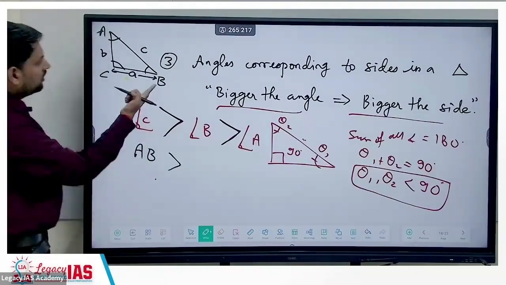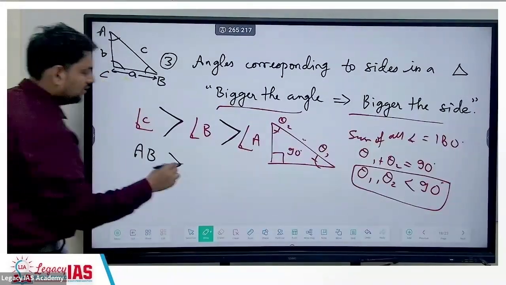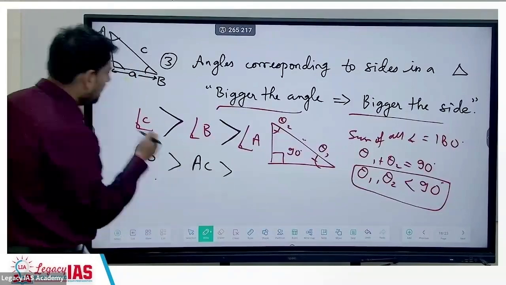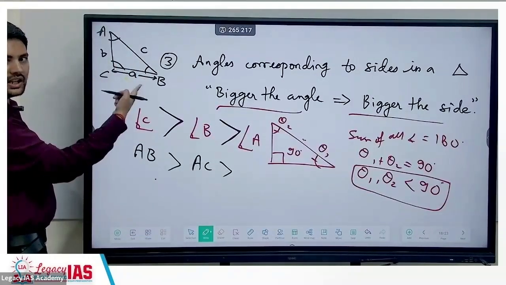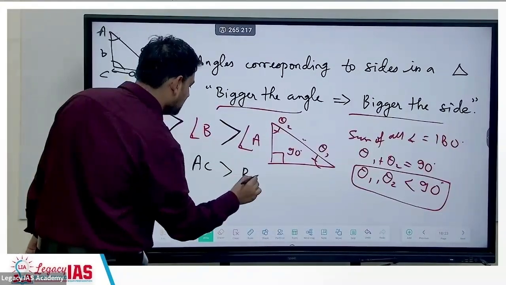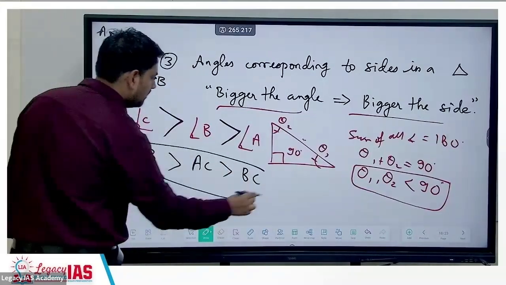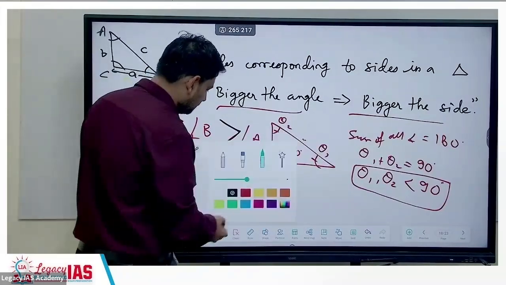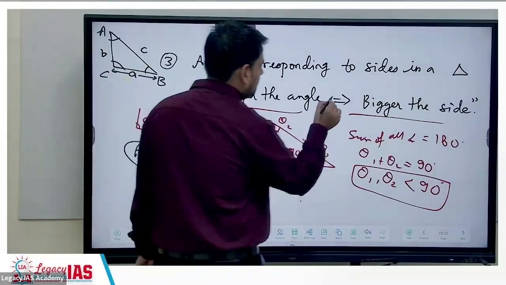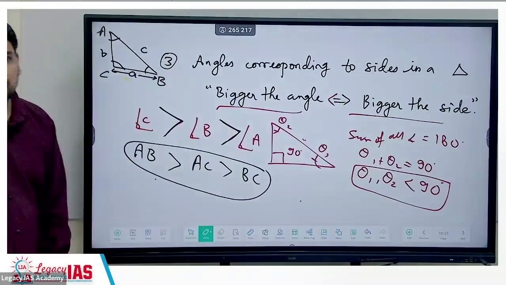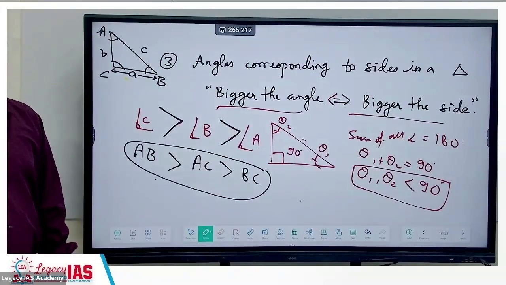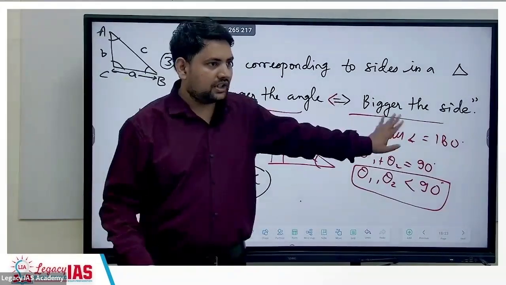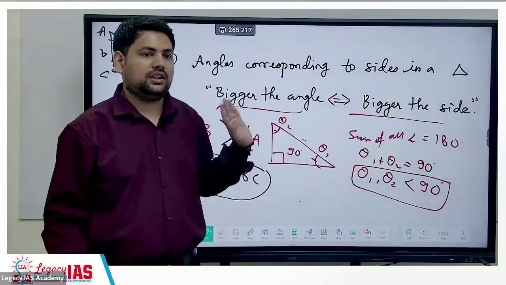After that, opposite to B, AC would be next, and the last would be BC or CB, however you want to write it. Understood? Just the opposite of this. So it holds both ways. Bigger the angle, bigger the side; bigger the side, bigger the angle.